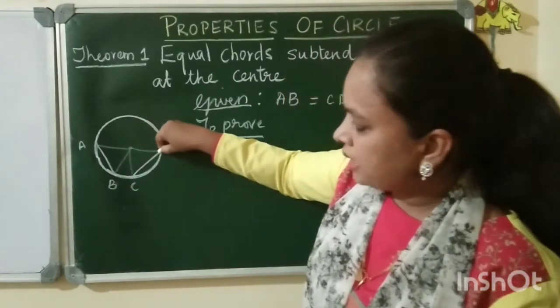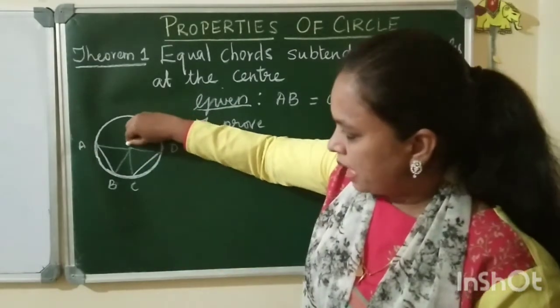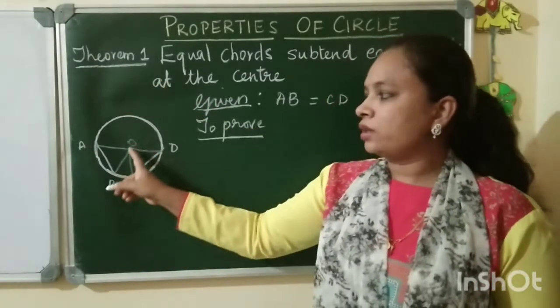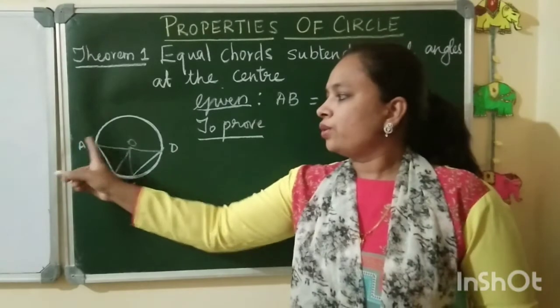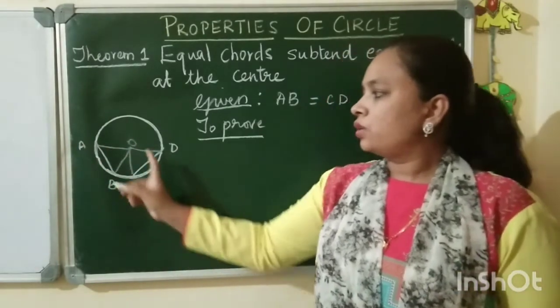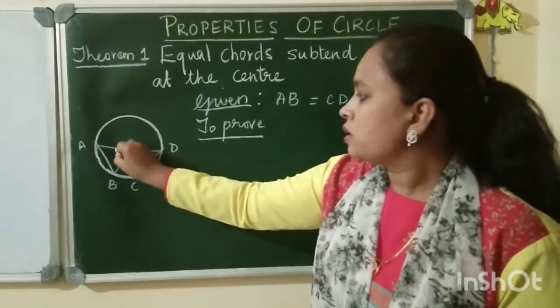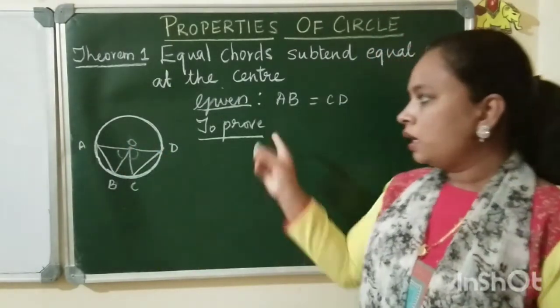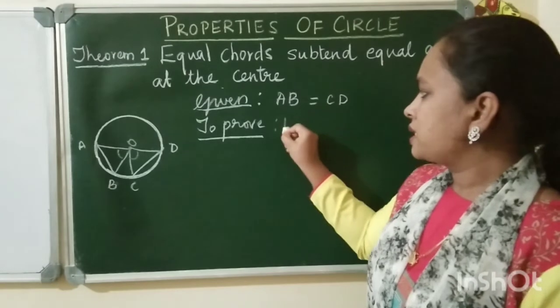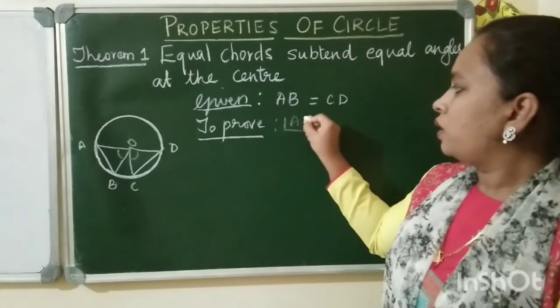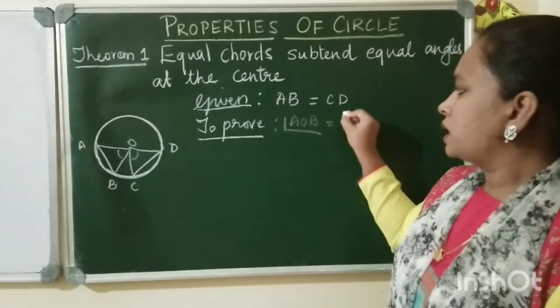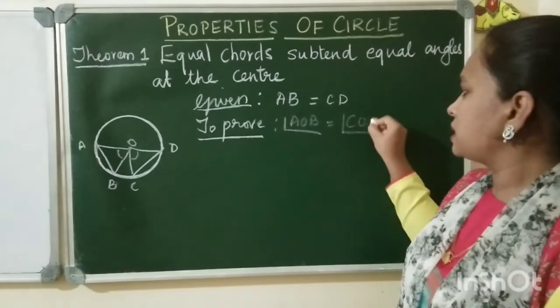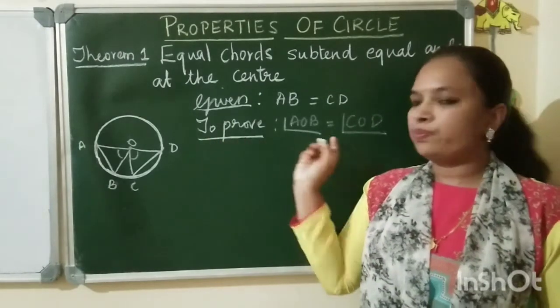So which are the angles that are equal? This is O, center of the circle. You need to prove angle AOB is equal to angle COD. Make a note of it. This you need to prove.